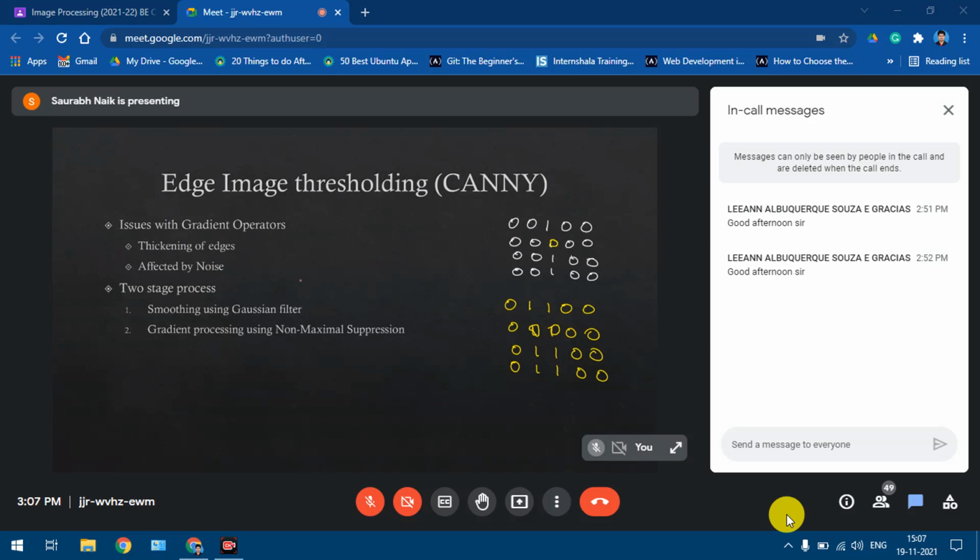Mainly, the Canny edge detection algorithm is a two-stage process wherein we first apply a Gaussian filter to remove any noise present in the image, and the second step is to apply gradient processing with something called non-maximal suppression. This non-maximal suppression is actually thresholding, but instead of a single threshold, we make use of two thresholds.